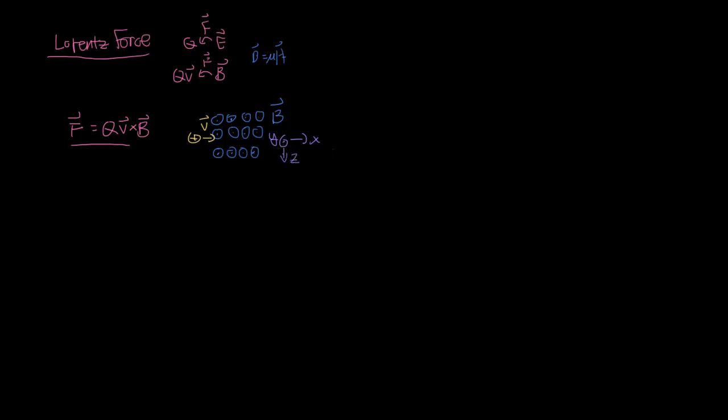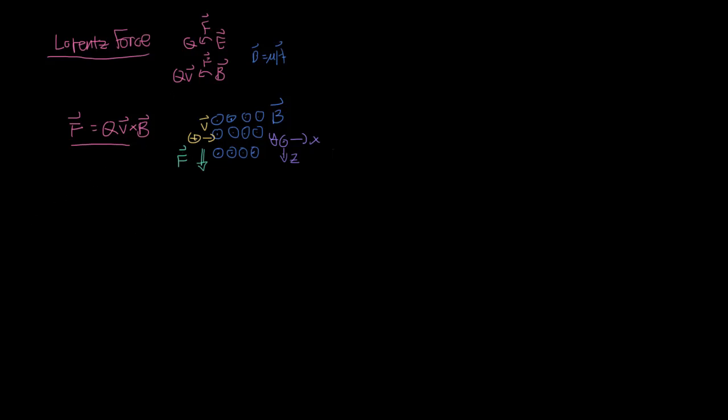So in that case, if you use the right hand rule, you can see that this charge will experience a force that's going in the Z direction or the downward direction over here. One of the key things that I want you to be able to do after watching this is to know this equation, F equals QV cross B, and then if you were given a situation to at least know what direction the force is going to be.